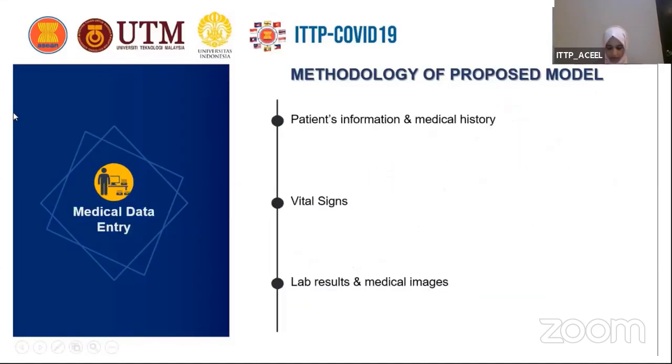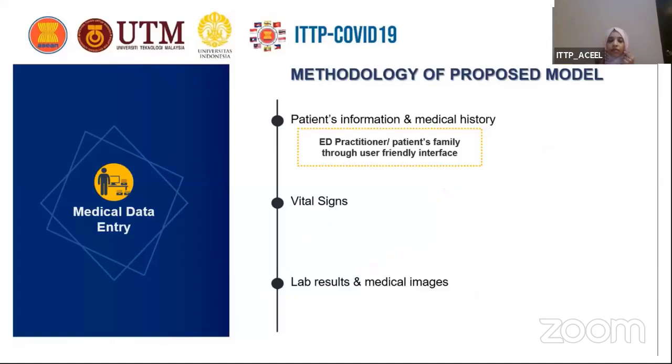The third aspect is medical data entry. Basically, there are different types of data needed to complete the process of diagnosis and treatment. The first is the patient's general information and medical history, which can be taken by the emergency department practitioner or the patient's family through a user-friendly interface.